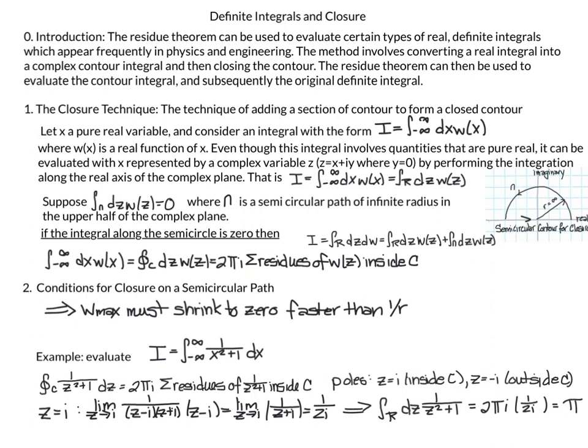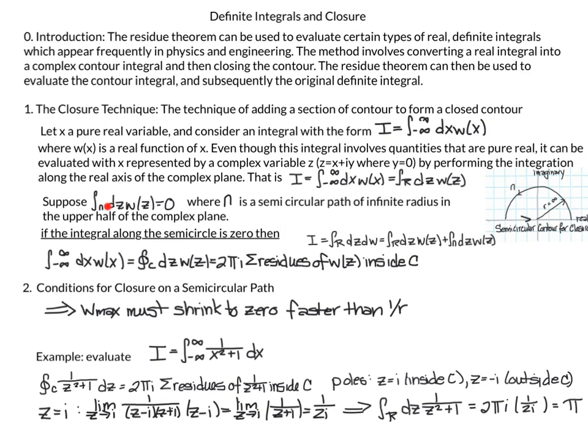So just imagine we have a z where y is equal to 0, and we have our x here. We perform the integration along the real axis, so our path is along the real axis. And so our integral then becomes the integral over R of w(z) dz, where z denotes a complex number.